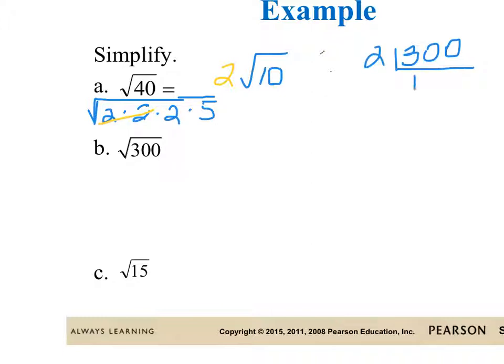And that gives us 150. And of course, you can use your calculator to help you with this. And then we're going to divide that by 2 again because that's still even. And 2 into 150 goes 75 times. Now 75 isn't even, but it can be divided by 3.